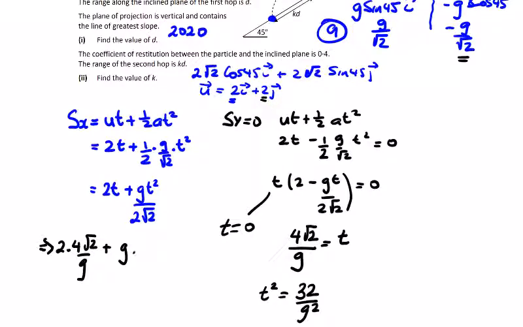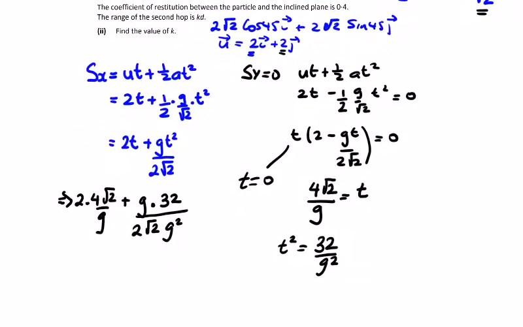So g times t squared is going to be g times the 32 on top and on the bottom the 2√2 and the g squared. So tidying this up a bit, these are all just numbers, but we're going to get 8√2 over g plus 16. The squared will cancel with the g on top, so we're going to get 16 over √2g.